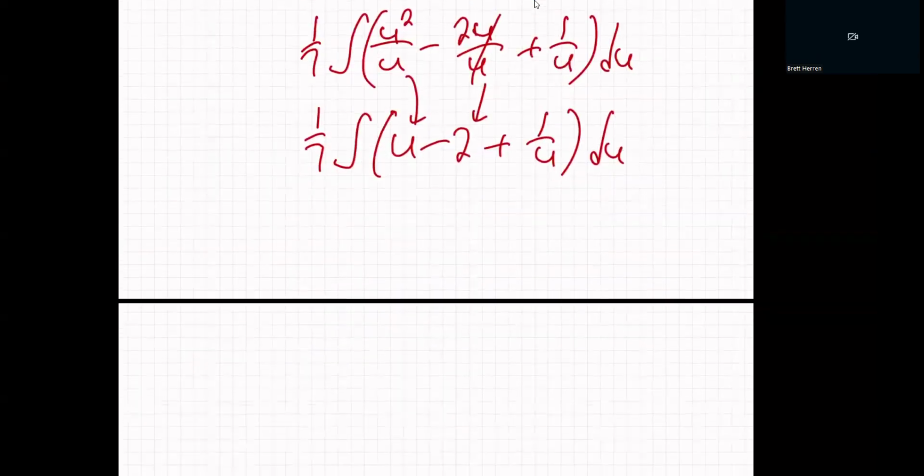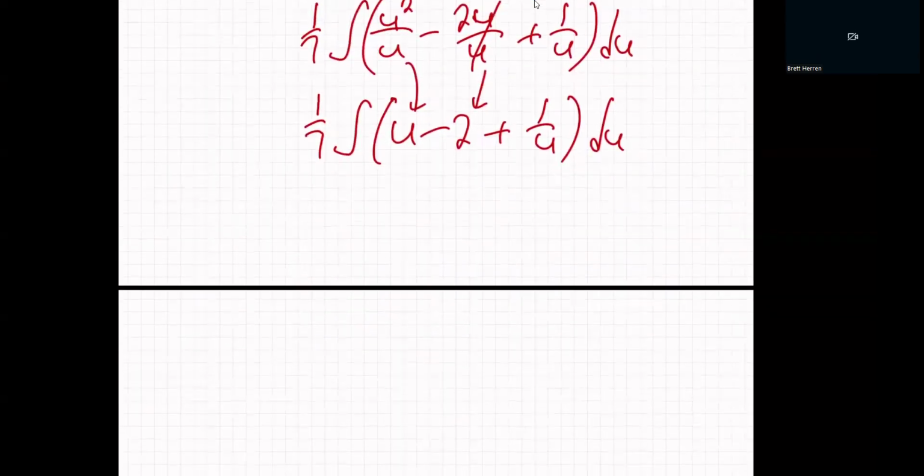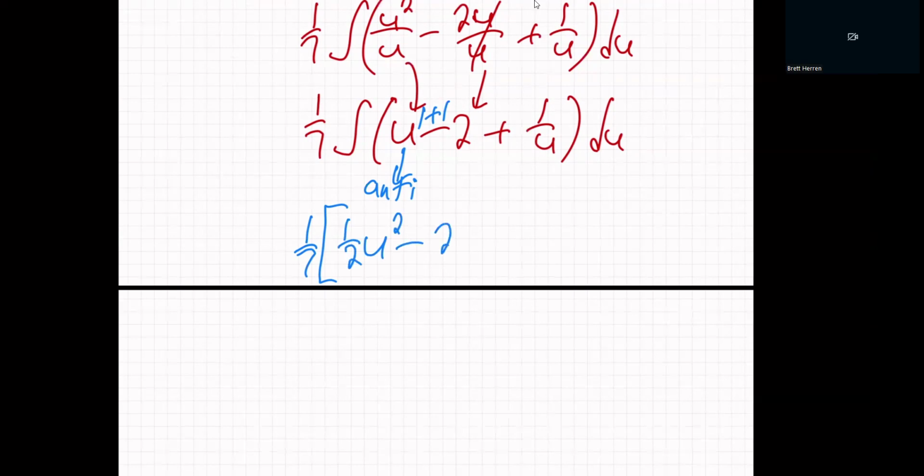Now I can do the antiderivative. What's the antiderivative of that part? So it's 1/7, and I'll just put that in the front here. This is 1 power, so add 1, u squared, and put a half in the front. Minus 2u, because that's what the integral says right now.